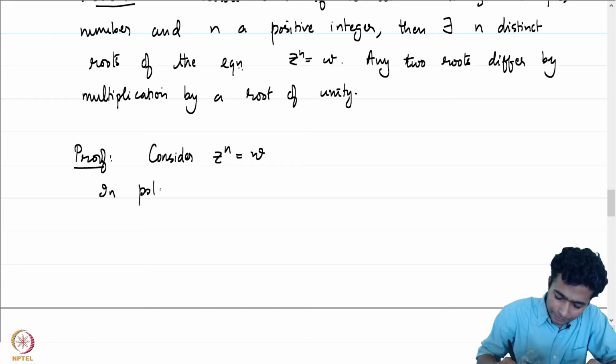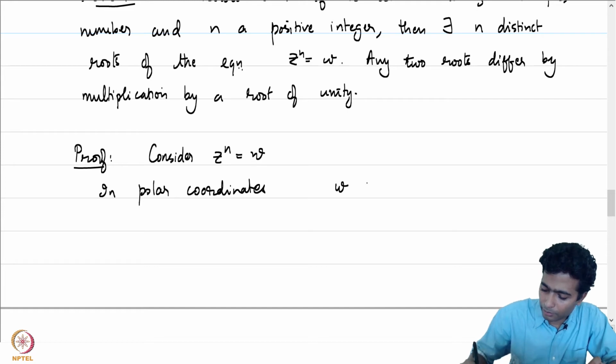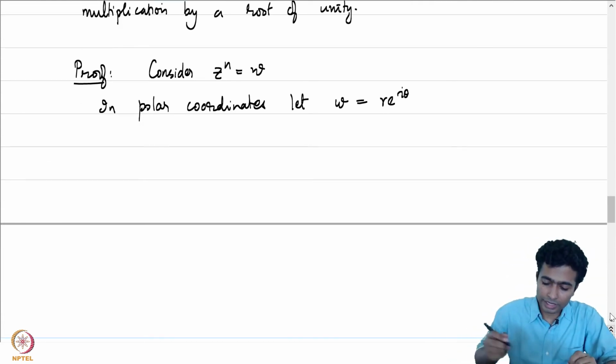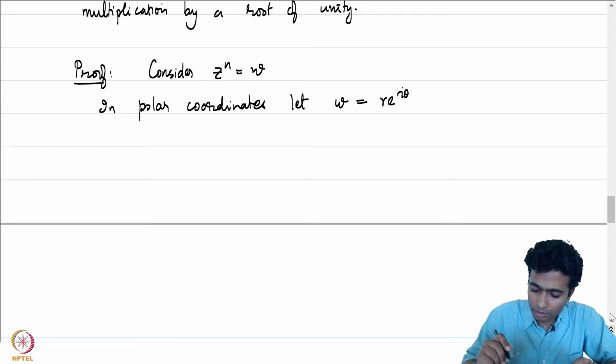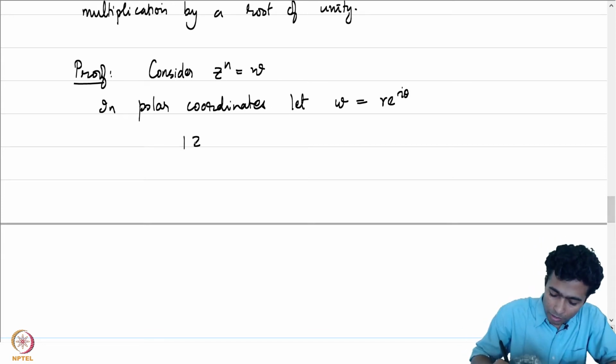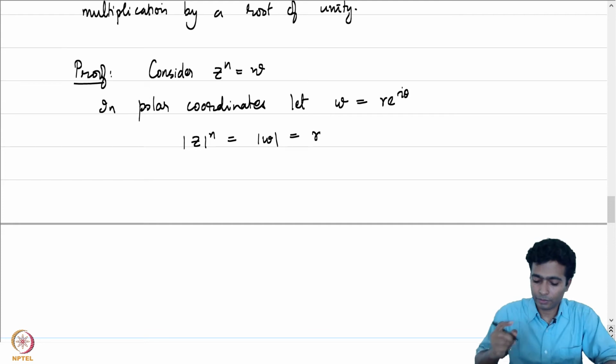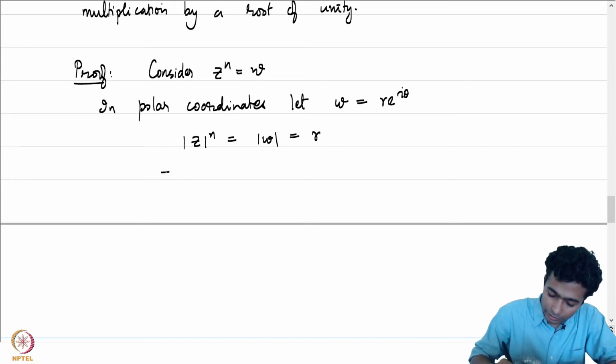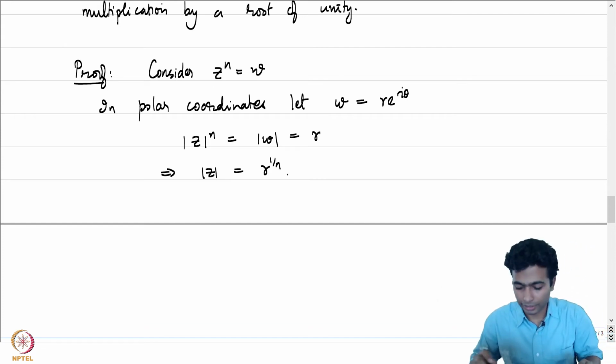Then if z to the power n equals w, by a very similar argument, mod z to the power n will be equal to mod w, which is equal to r, and we know that there is exactly one positive nth root of a real number, which is the nth root of r. So this gives that mod z is equal to r to the power 1 by n. This much is certainly clear.